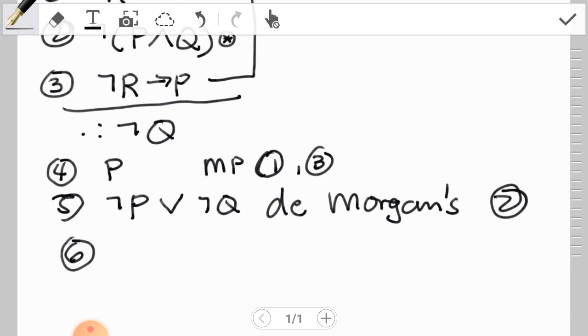Then after that, we want to have a final conclusion not Q. And not Q is already here. But in premise number 5, you have not P or not Q. This is the disjunction OR. So if you will go over your list for your rules of inference, what can you use?